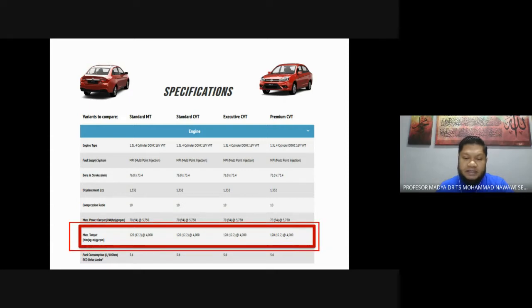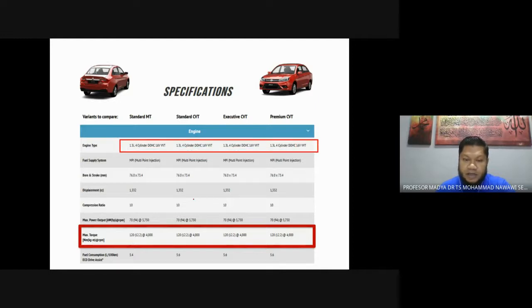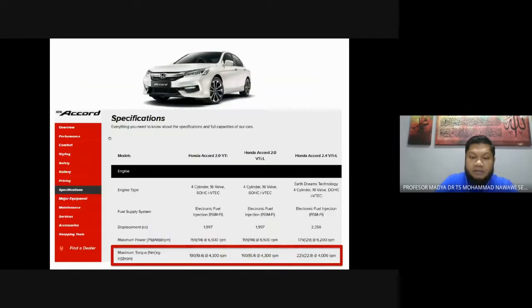We have 120 Newton meter, and compared to that, there are similar engines, if I'm not mistaken, so they produce a similar output torque. Similar engines produce a similar output. But if you look at the Honda Accord, it has a different engine.